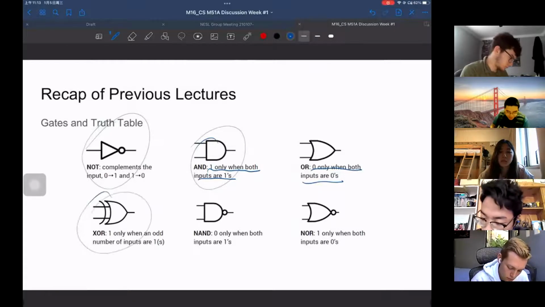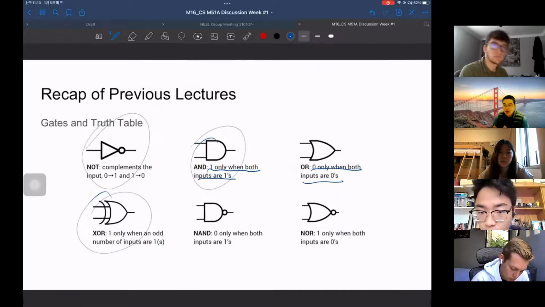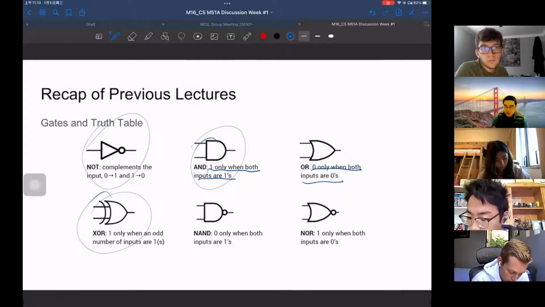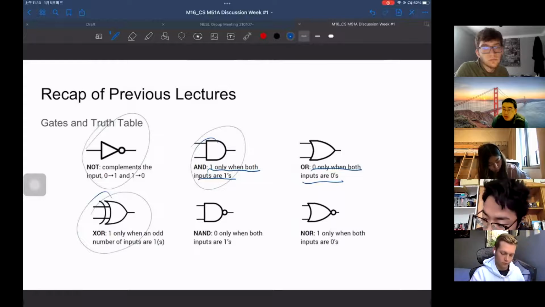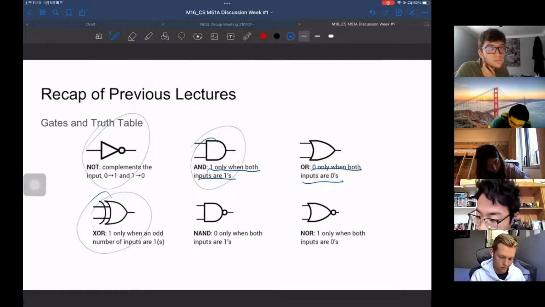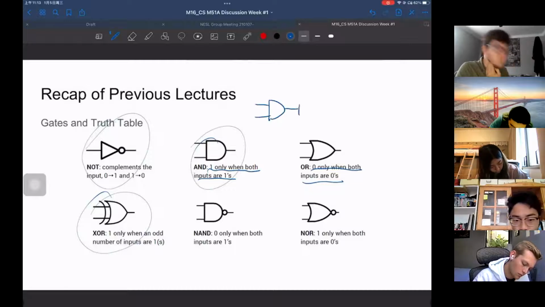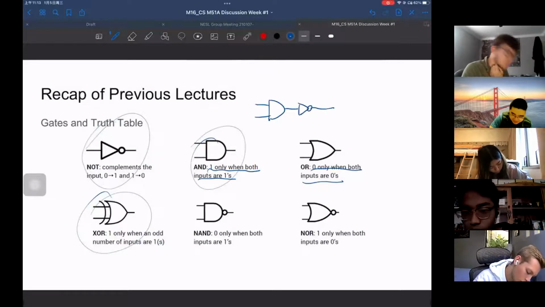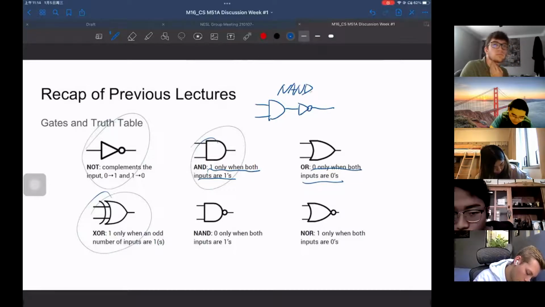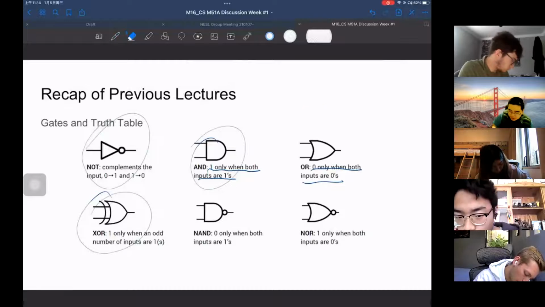XOR means I compare whether they are the same or not. If they are the same, I will output 0. If they are different, I will output 1. And finally, you can treat NAND in this way: it's just the AND plus the NOT. This is NAND, right? Nothing special. Similarly, NOR is OR plus NOT.